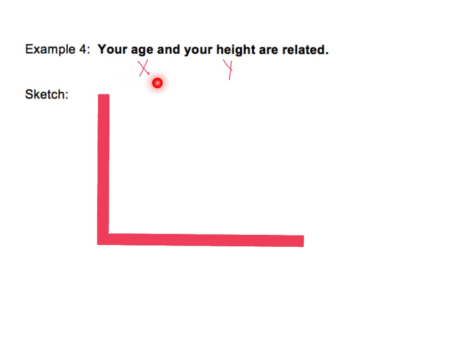All right, and now we're looking at your age and your height. Now, obviously, there are some outliers in these situations. Okay, so typically here, your age is your independent value, and your height is your dependent value. So I have height, and this is our age, and 0.